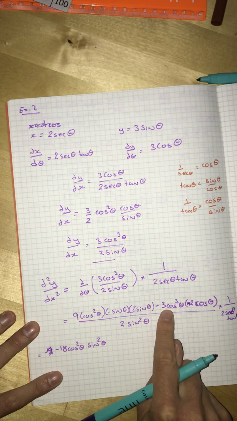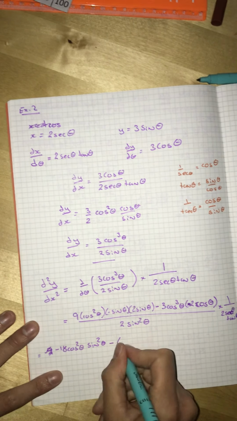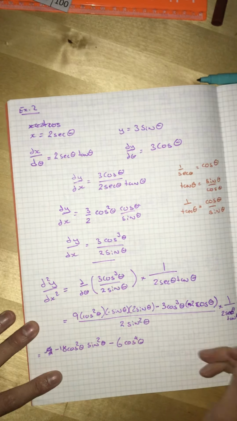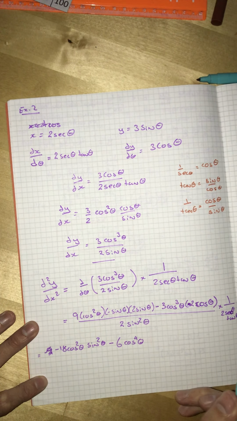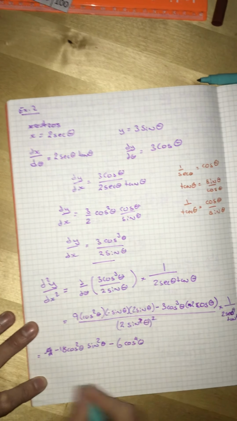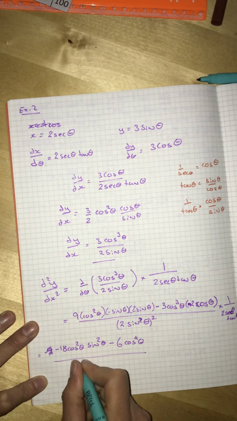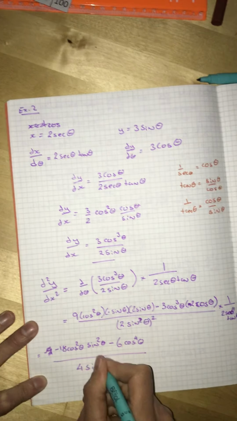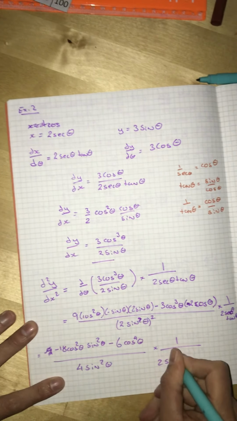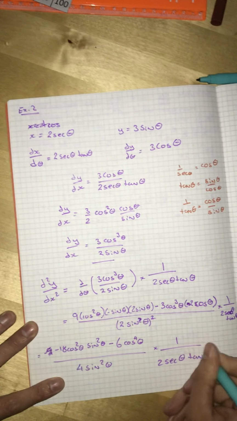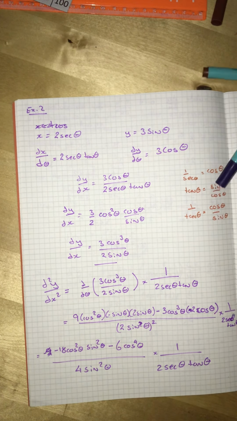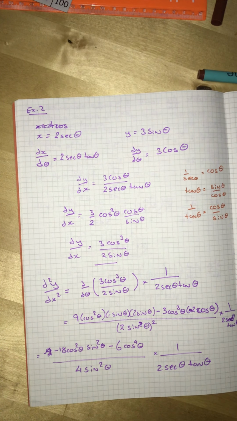We have a 6 cos to the power 4 theta all over 4 sin squared theta tan theta. Okay. So let's see if this can simplify.